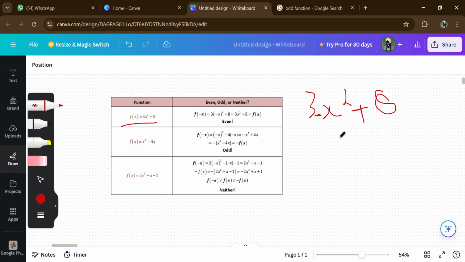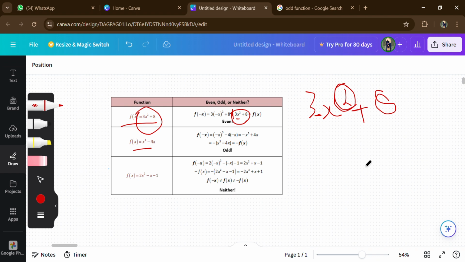After keeping this x negative, we know that in the even function the x can't stay negative, so here it became the positive x again. And if you compare the first situation f(x) and the last answer, both are the same, so this is called the even function.